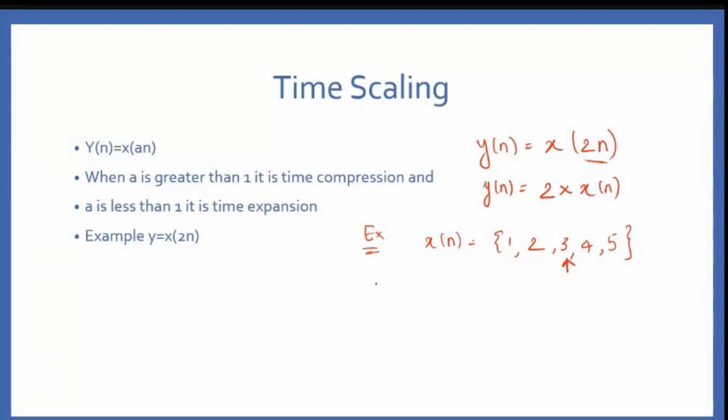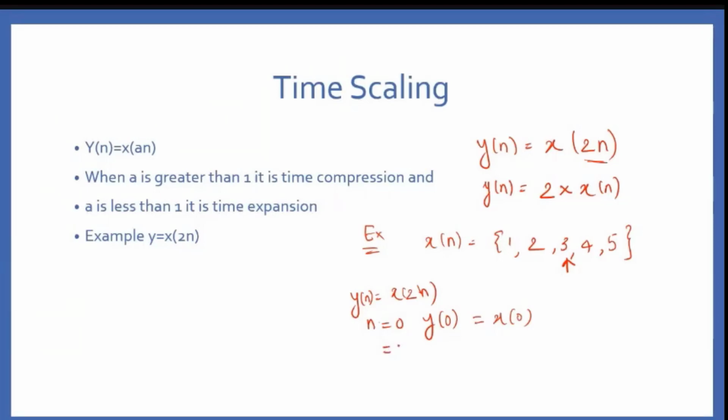Correct. So now if I have to plot x[2n], let's see what I have to do. This is my y[n], right? y[n] is equal to x[2n]. So at n equal to 0, my y[0] will be x[0], right? I am multiplying 2 into 0, which will be 0, correct?